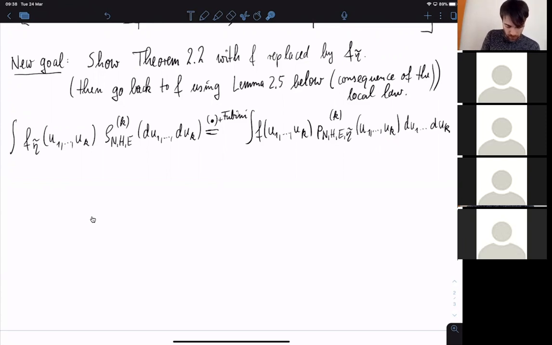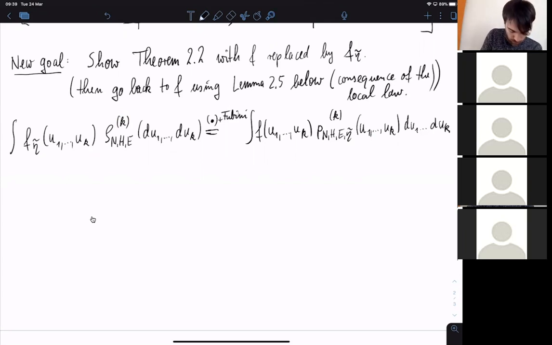We saw it somewhat on the exercises, that if your matrix H has absolutely continuous entries, then this also will have a density, but in general it's just a measure on R^k. But if you smooth it out, with this function here, which is approximating a delta function, then you can transport the smoothing from the function f to the measure here, and then you get a k-point correlation function, also in the general case.